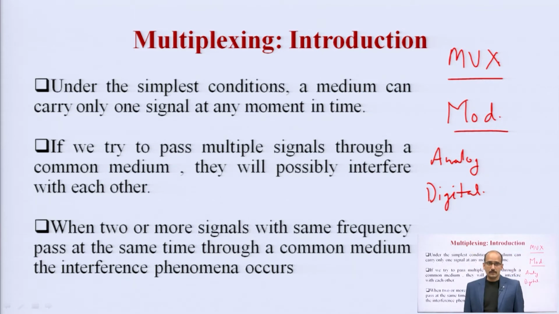If we use an analog signal for transmission, we always use analog multiplexing techniques and analog modulation techniques for the multiplex system. Similarly, for digital we use digital multiplexing techniques with digital modulation schemes. As you all know, analog modulation schemes are amplitude modulation, phase modulation, and frequency modulation, whereas the analog multiplexing technique is FDM, that is frequency division multiplexing.